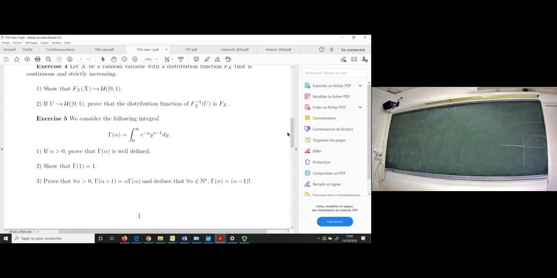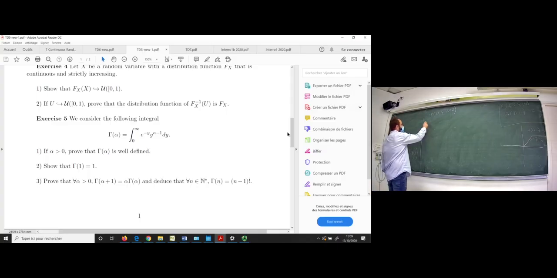I still have the curve on the board here. It's the green one: 0, identity, 1. Where is this point here? It's f_X(small x). So I have a value that is between 0 and 1, so I am in the part where the distribution function of U is the identity.